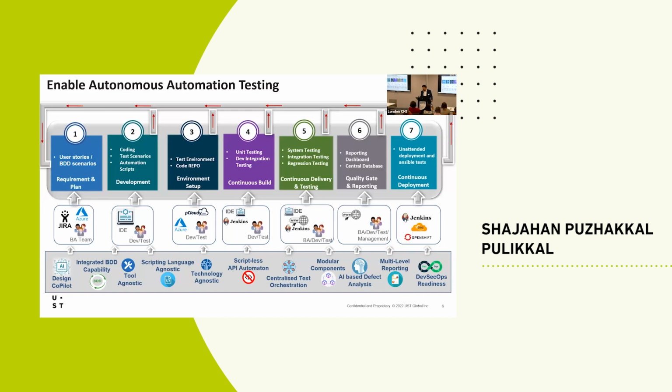From there we go on to the test scenarios, then test data obviously has to be prepared by the users. Then the automation script is done with the help of Design CoPilot, and on top of that it needs to be fine-tuned with the end user. The quality engineers will be preparing that.